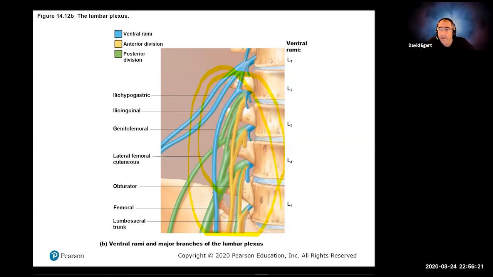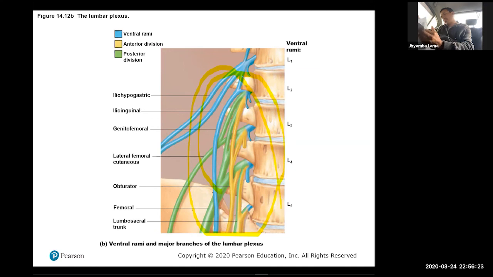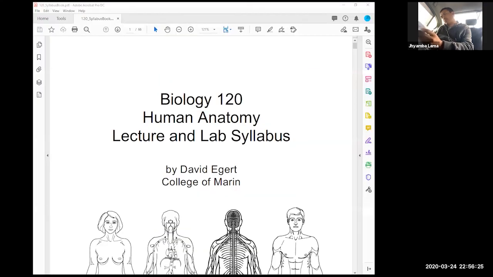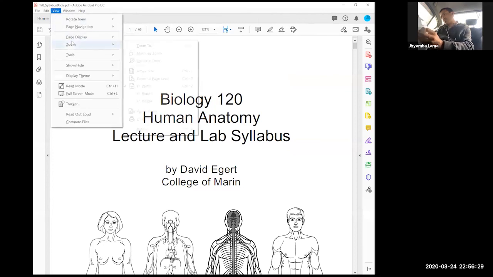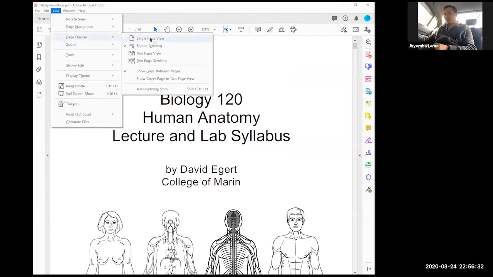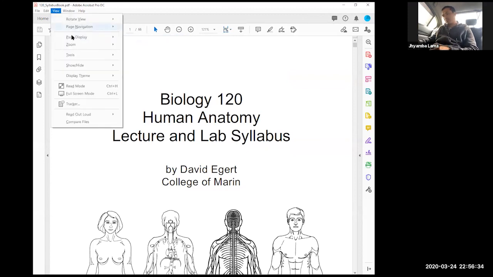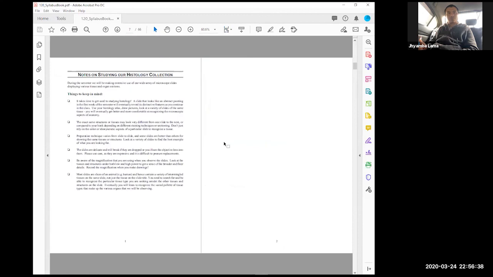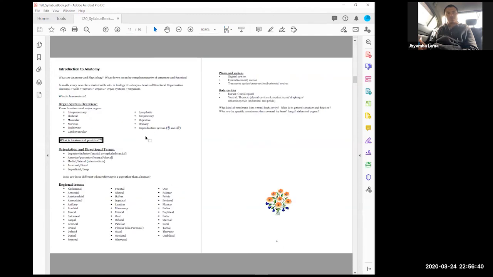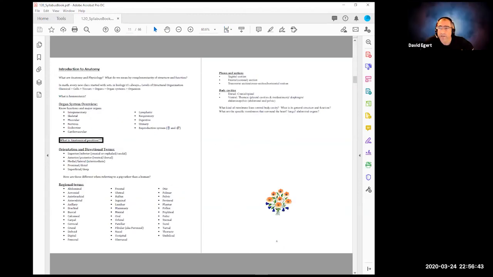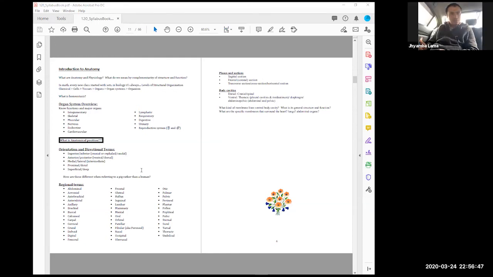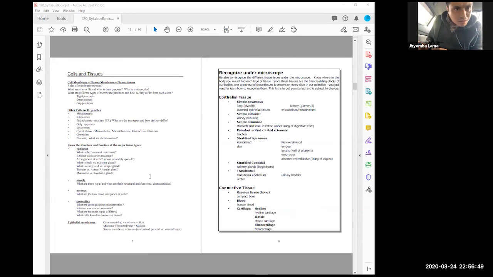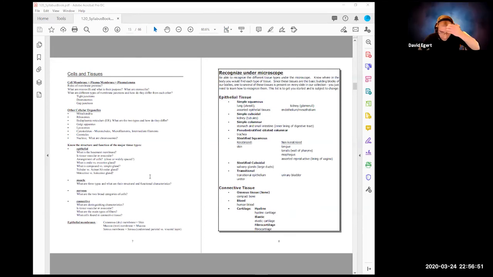So if I, let's see. Oh, this is not sharing right now, is it? Can you, I see it. Do you see it? I see cells and tissues. Oh yeah, okay, that's good.